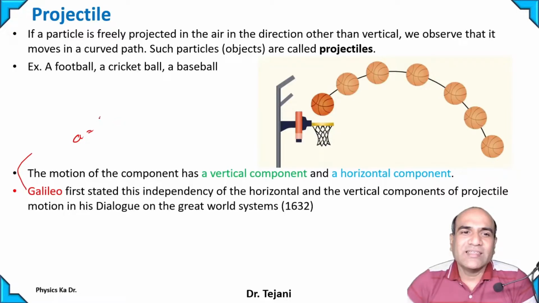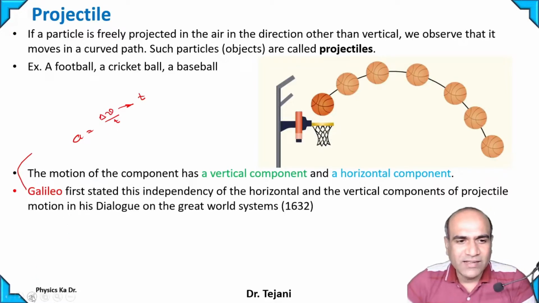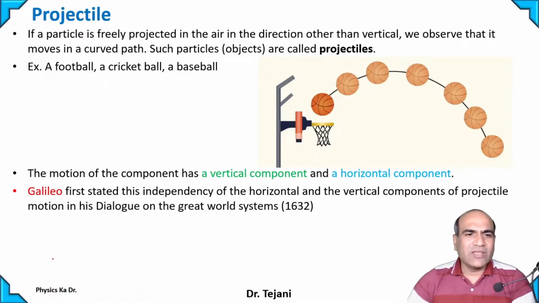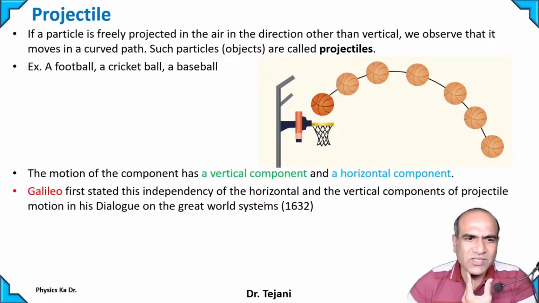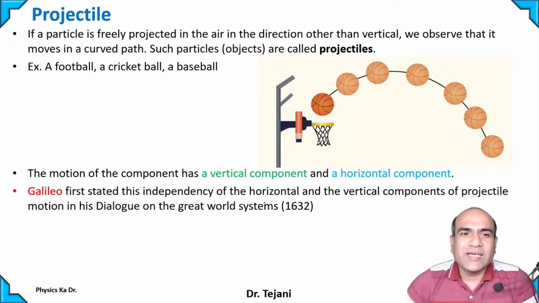That means the ratio of change of velocity to the time is constant, and that definition was given by Galileo. Galileo first started presenting the independence of the horizontal and vertical components of projectile motion, and he presented his research study on the projectile body.